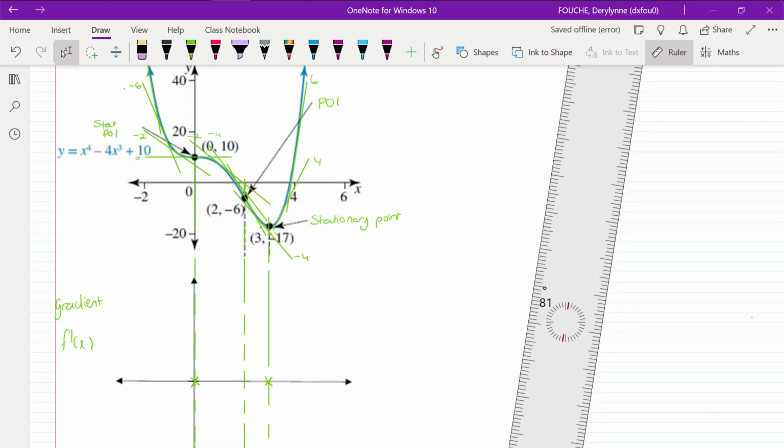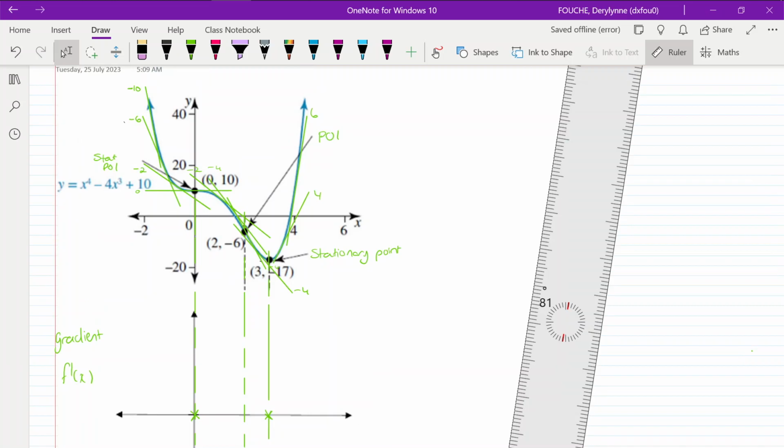What I'm trying to show you here is let's now plot these values of our gradients. So -10, -6, -2. Well, let's give ourselves some points. So let's make that about a -5 and that about a -10, just to give us a point of reference.